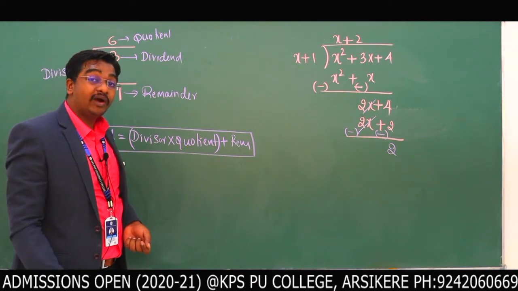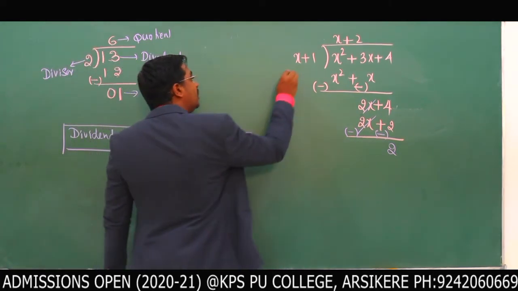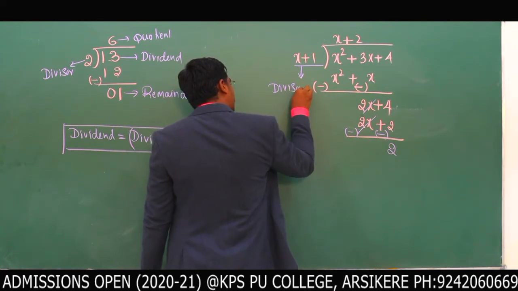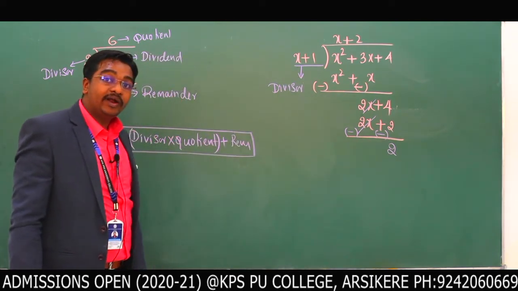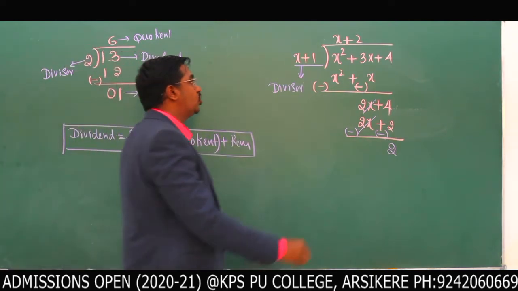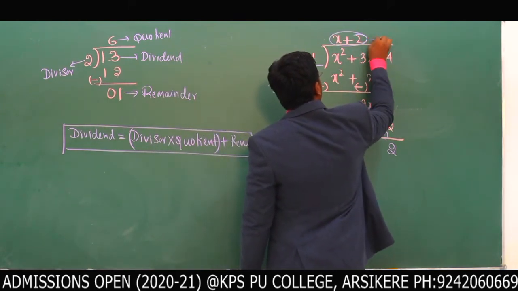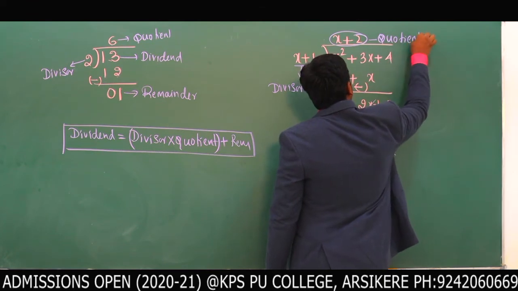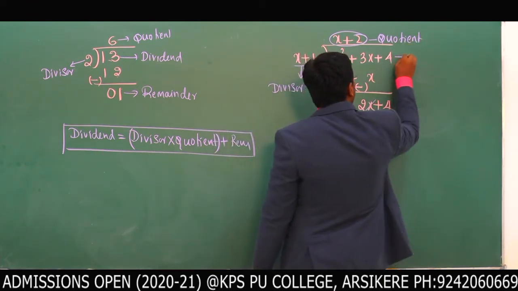Okay, so tell me what is the divisor here. Very good, x plus 1 we call the divisor. So what is the quotient? The quotient is x plus 2, and this is the dividend.